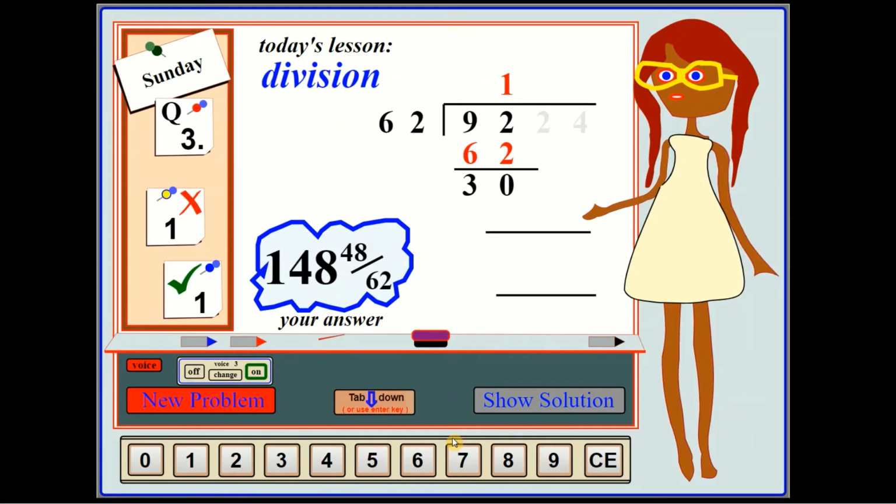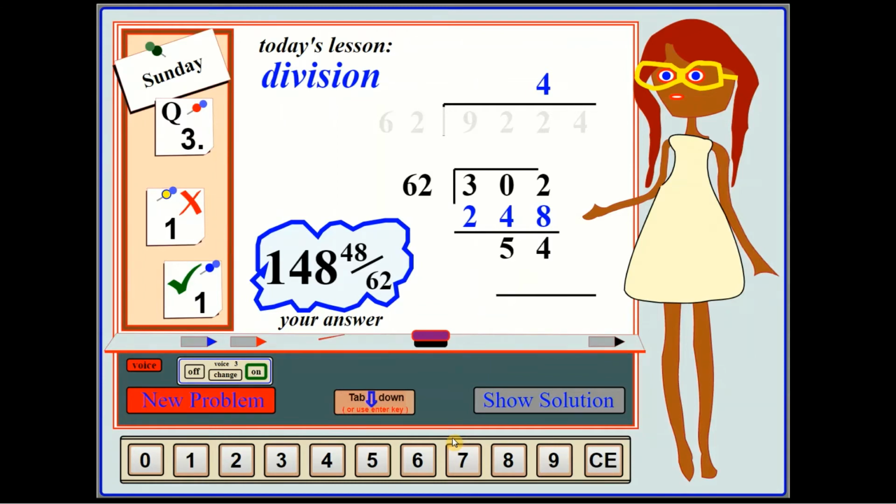We still have 30 unaccounted for, so we combine that with the next part of the original number, that is the 2. So we restart the division process with 302. How many 62s fit into 302? That answer is 4. Multiplying 62 by the blue 4 gives the blue 248.